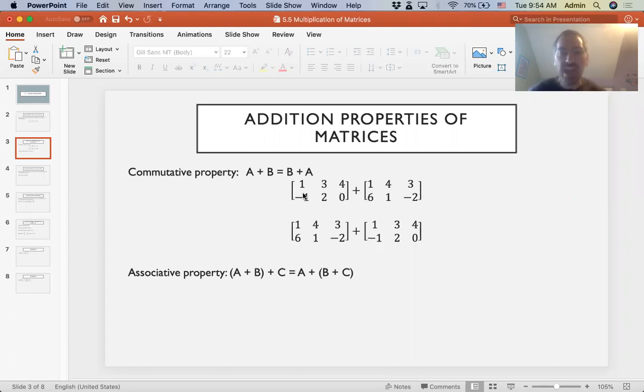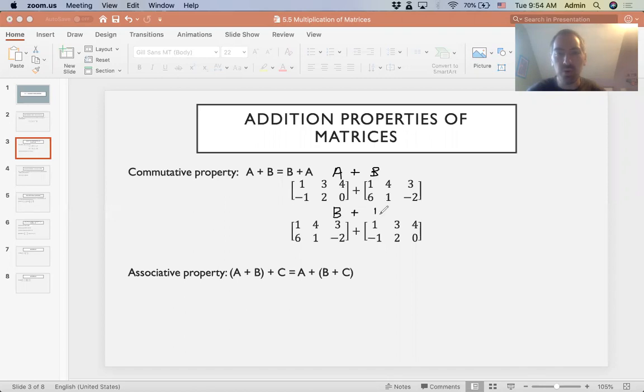And you can see this. This is the same example that we had in the previous slide. And in this second example, I've just switched the order. This was A plus B here. In this second case, I've switched the order, B plus A. But you can see when we're adding each corresponding entry, they're the same. Whether we're adding A plus B or B plus A, we're still adding 1 plus 1, which is 2.